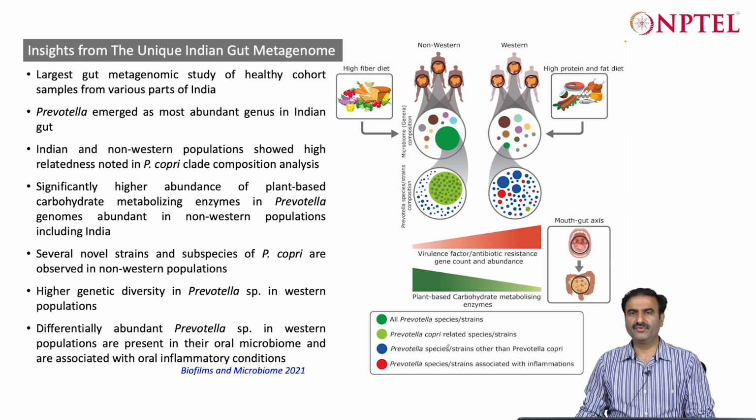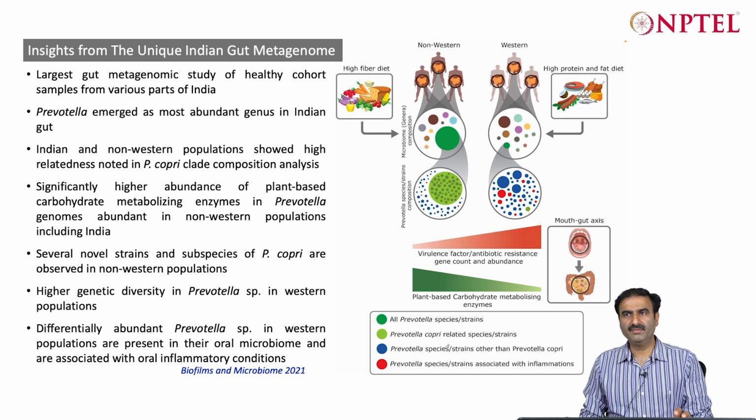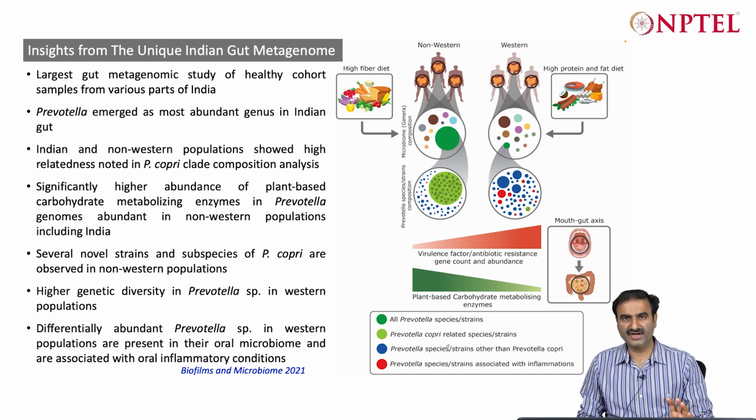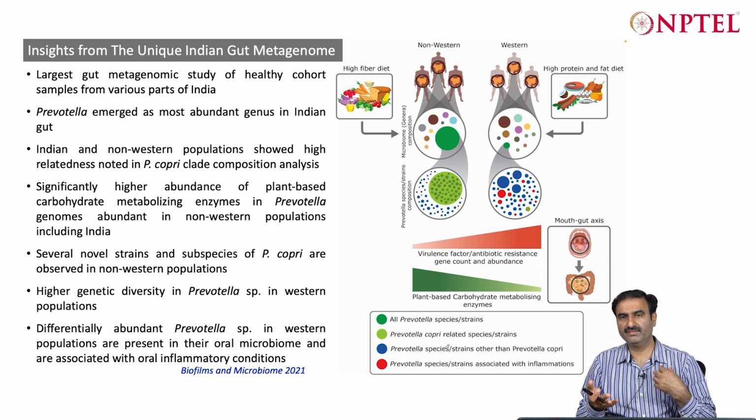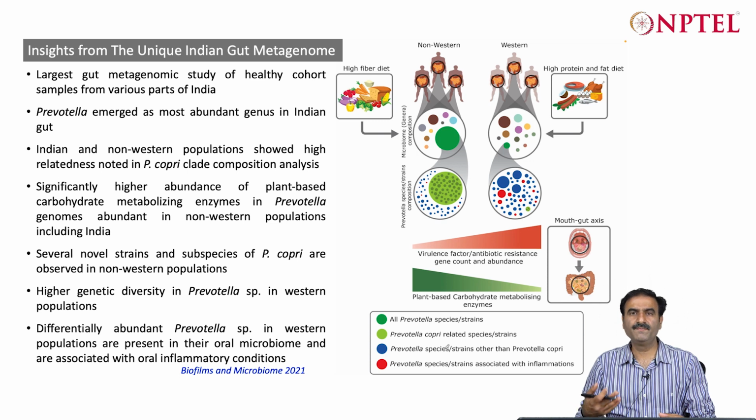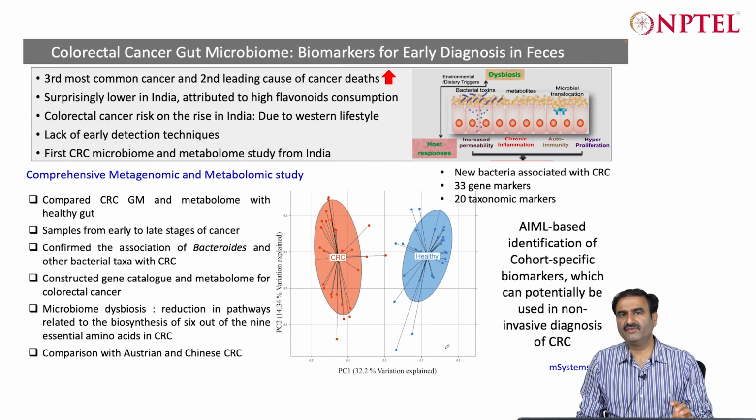There were many insights. So the understanding of the human microbiome in the gut or other body sites is very important for human health. This is one of the omics which is coming up very nicely.